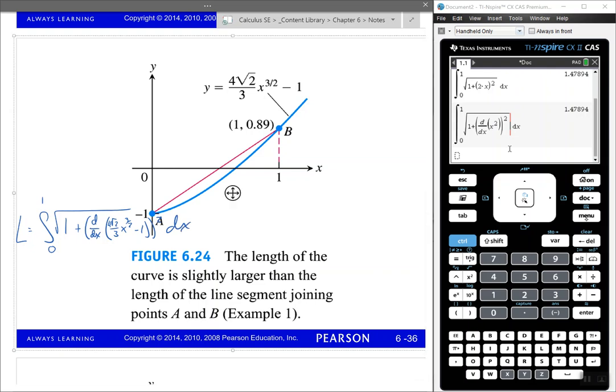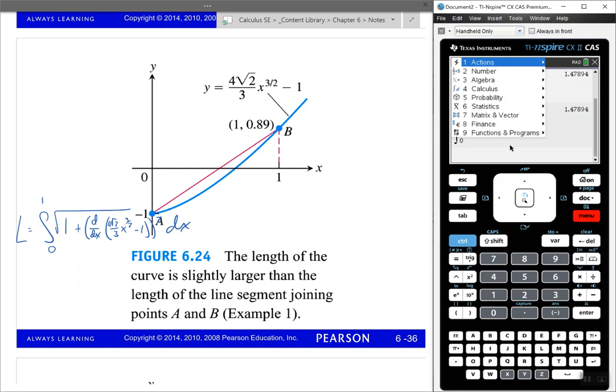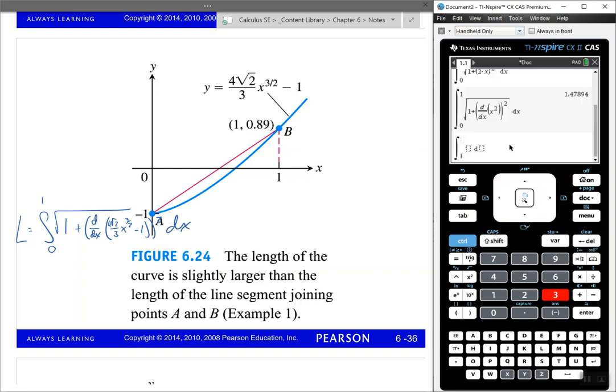So let's see what we get here. Man, I do not like this calculator today. Menu, 3, 0 to 1 of the square root of 1 plus the derivative, d/dx, and I forgot to put my parentheses before it again, so don't forget to do that.